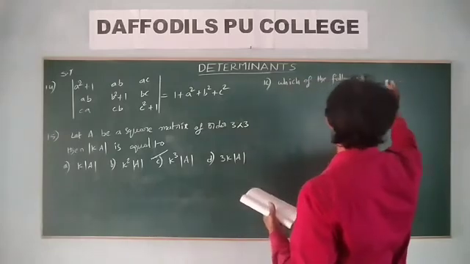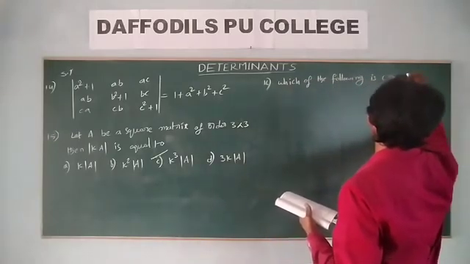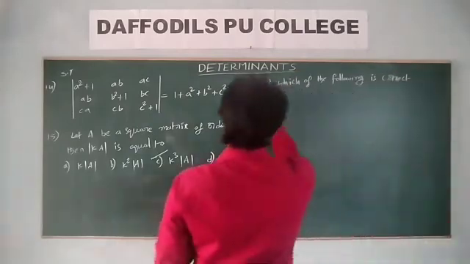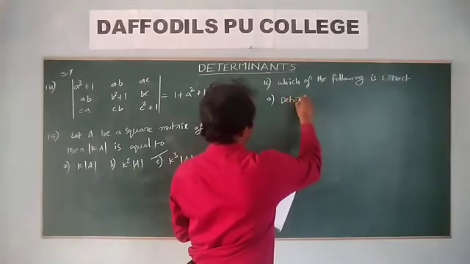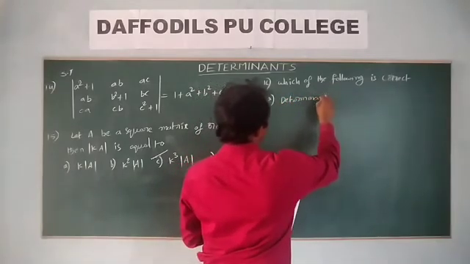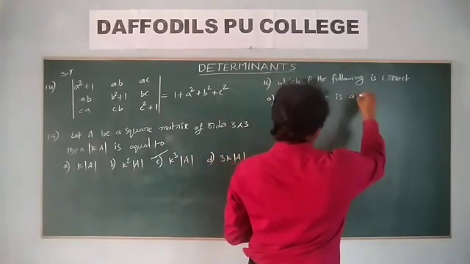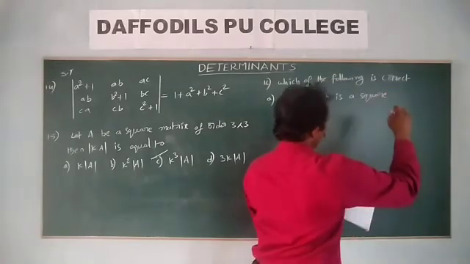Which of the following is correct? 16th multiple choice question. First option: determinant is a square matrix.